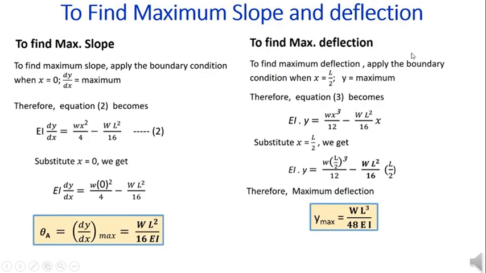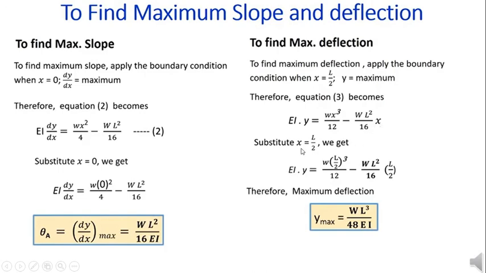Next we find the deflection. For maximum deflection, apply the boundary condition: when x equal to L by 2, y is maximum. Therefore equation 3 becomes EI y is equal to Wx cube divided by 12 minus WL square divided by 16 into x.